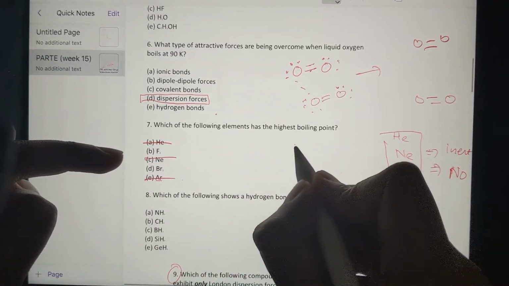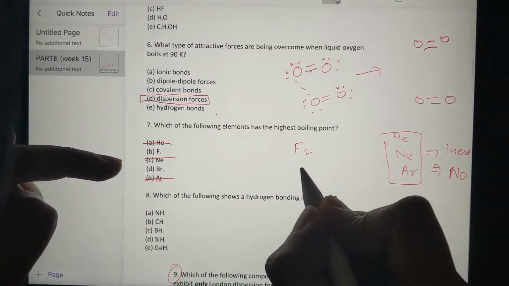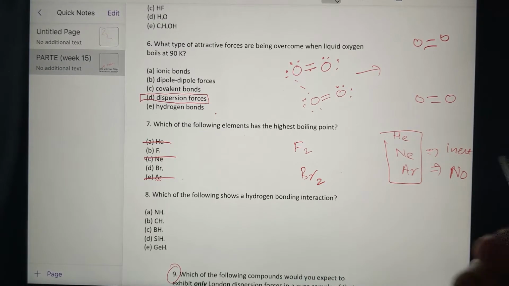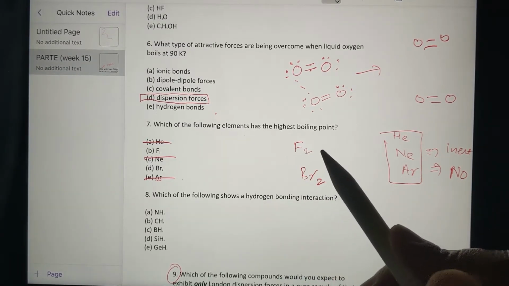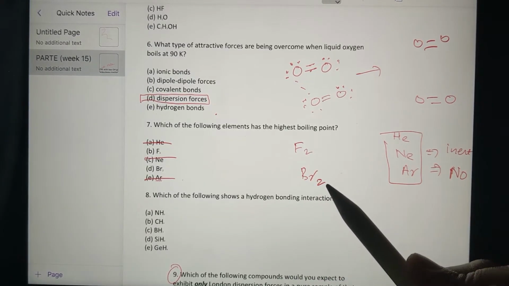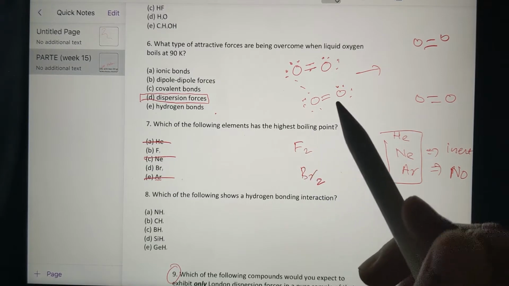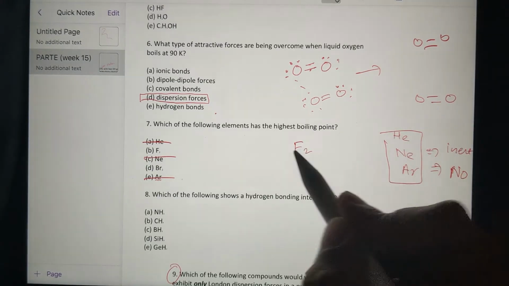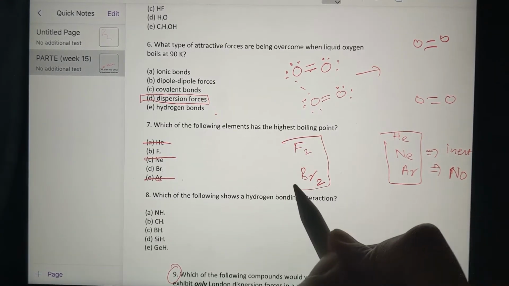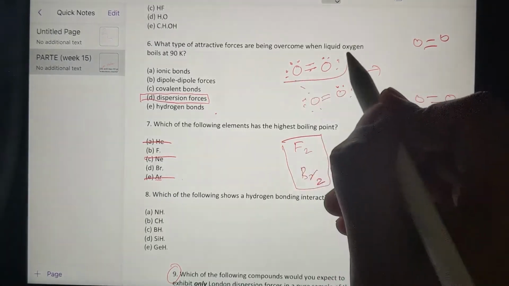Okay, so you cross these out and you have fluorine and bromine. Both of these molecules are from the same column in the periodic table. I discussed before, and also these are non-polar molecules, just like oxygen.